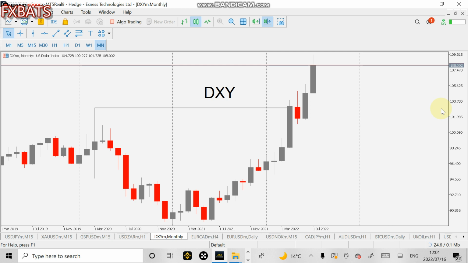So when this index goes up, the US dollar also gains strength compared to other currencies. So this is what we call the DXY.